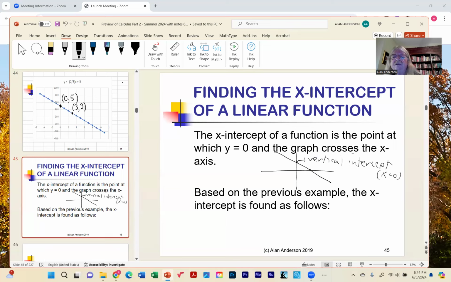And this is the horizontal intercept, which means that y equals 0.